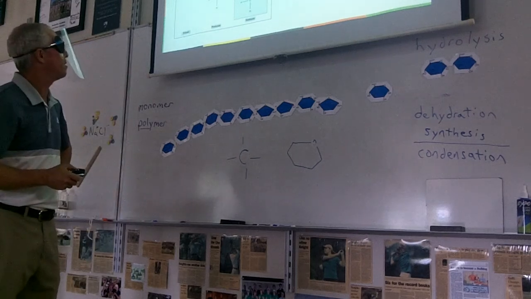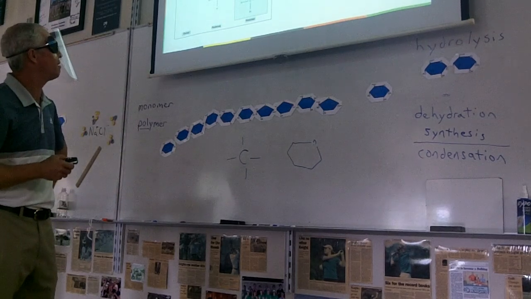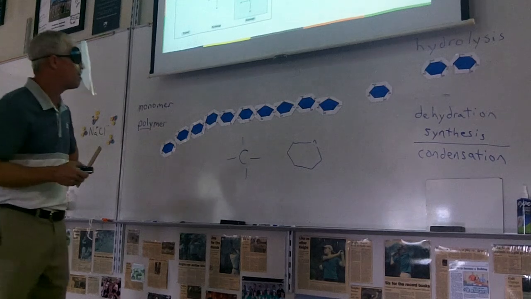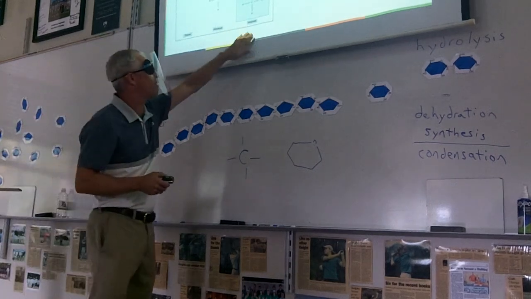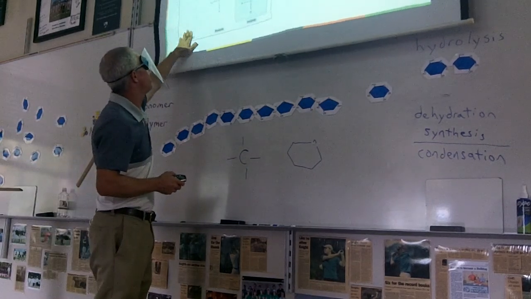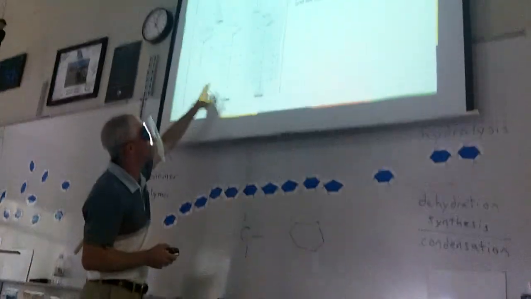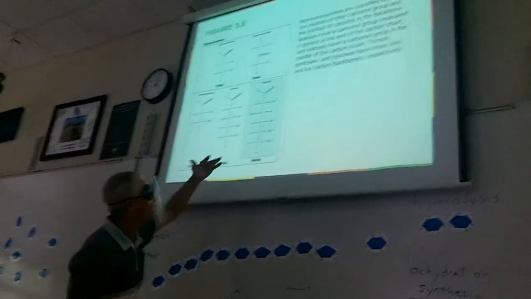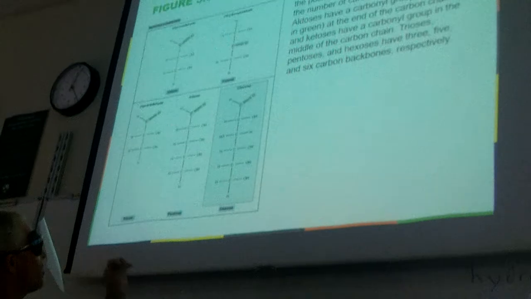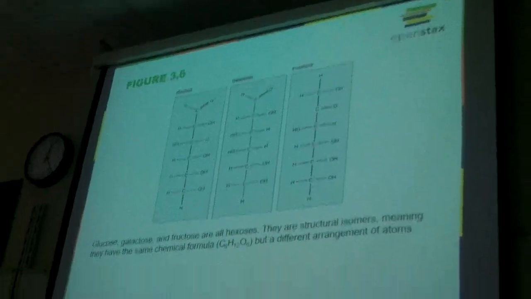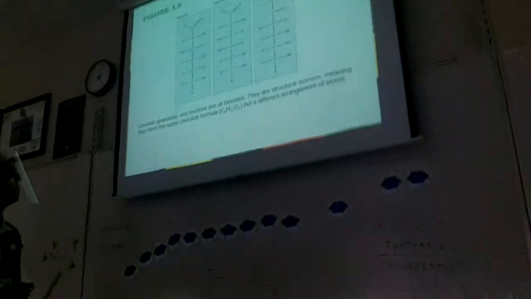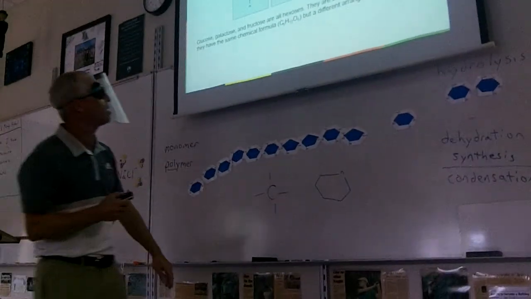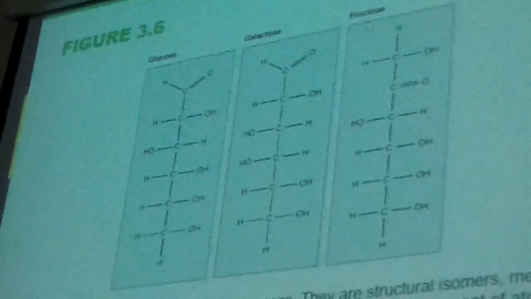And there's all different types of carbohydrates. There's 6 carbon chains, and 5 carbon chains, and 3 carbon chains. But we'll just be focusing on a few of them, glucose being one. Another one we'll focus on is called galactose, and another one is called fructose.